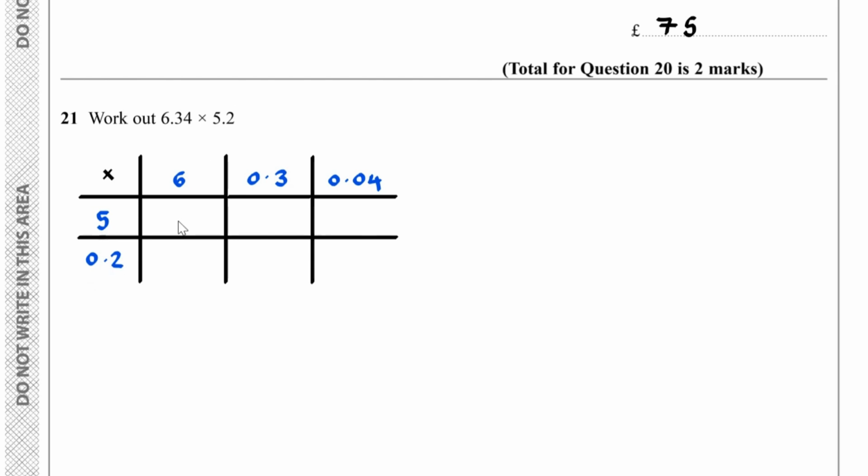Now let's multiply. 5 times 6 is 30. 5 times 0.3 is 1.5. 5 times 0.04 is 0.2. 0.2 times 6 is 1.2. 0.2 times 0.3 is 0.06. 0.2 times 0.04 is 0.008.